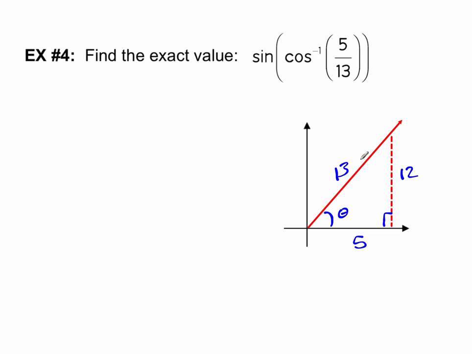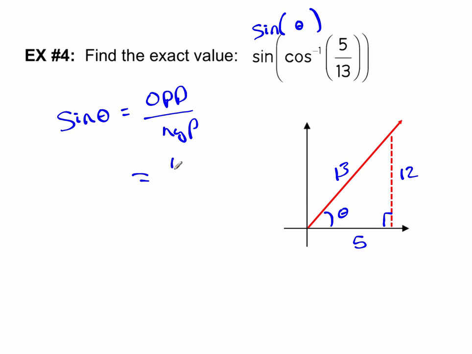So I have the three sides. Now I want the sine of the angle. The sine of the angle is opposite over hypotenuse. Opposite is 12, hypotenuse is 13.